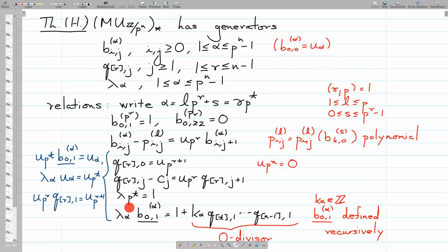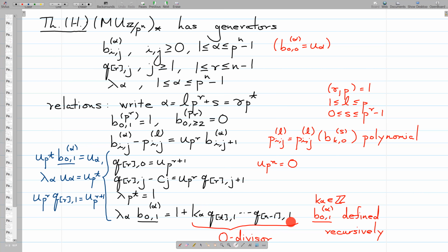Now, lambda is 1 if your alpha is a power of P. Lambda alpha, not B01 alpha, but a slightly different element, which can be defined recursively in terms of the B01 alphas, is 1 plus this integer times this thing, which is also a zero divisor.